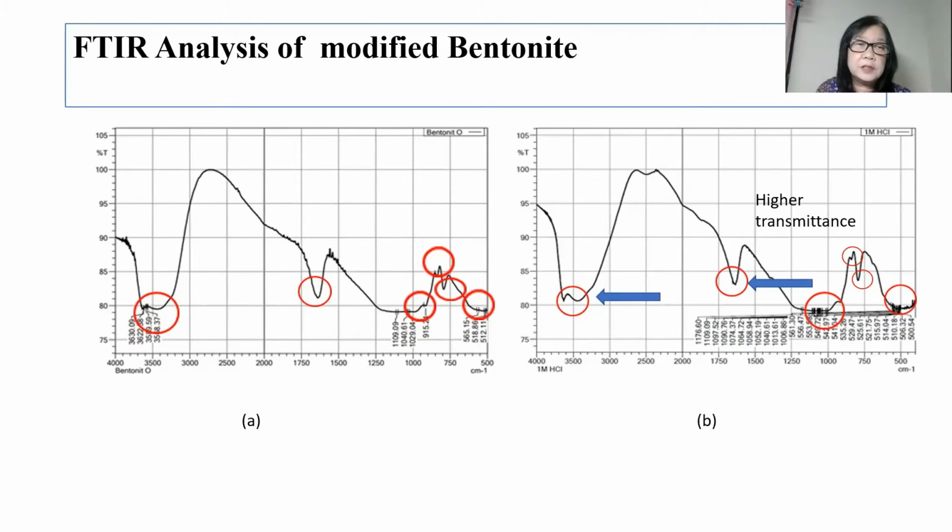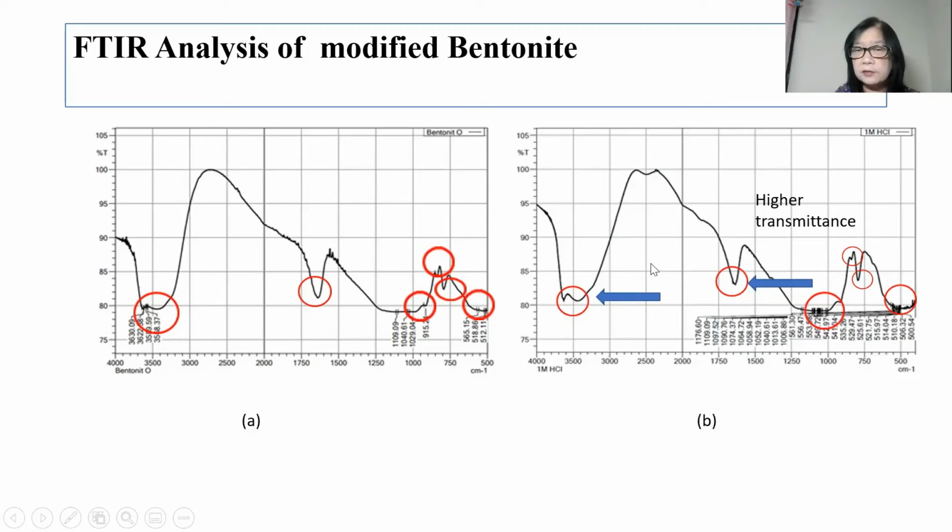Here is the FTIR analysis of modified bentonite. When we look at the picture, A is the bentonite without modification using hydrochloric acid.